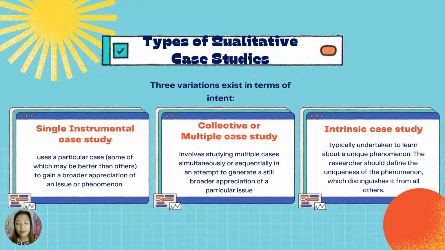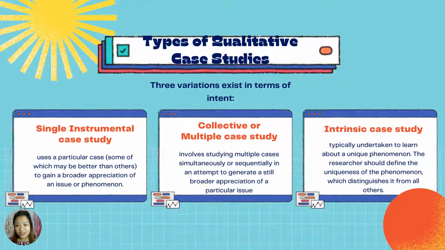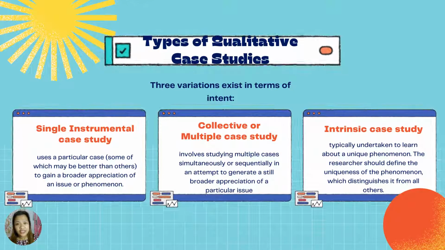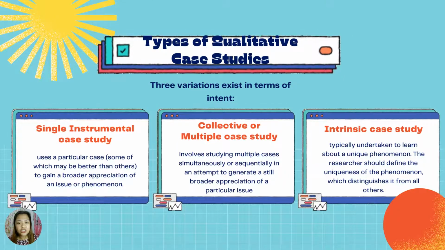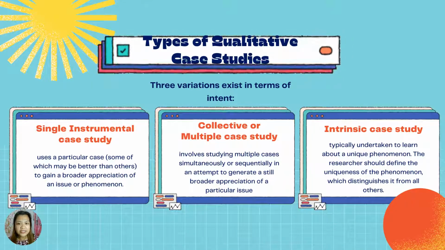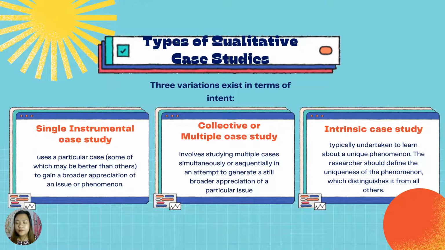The third type of qualitative case study is intrinsic case study. This is typically undertaken to learn about a unique phenomenon. The researcher should define the uniqueness of the phenomenon, which distinguishes it from all others.